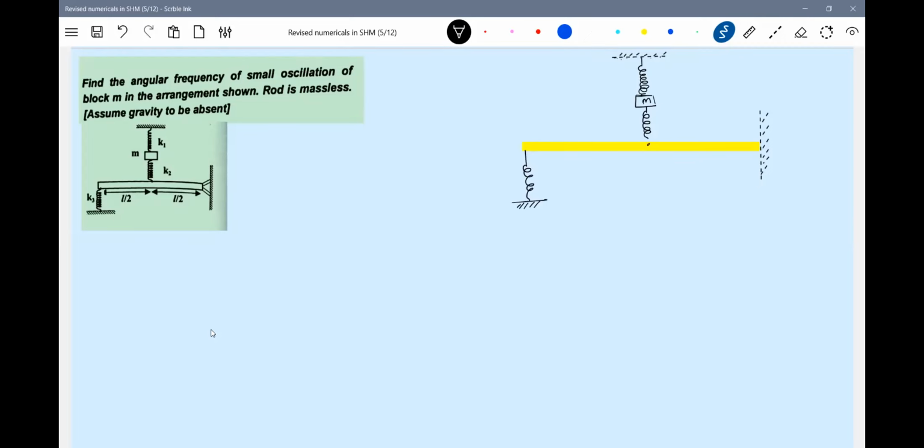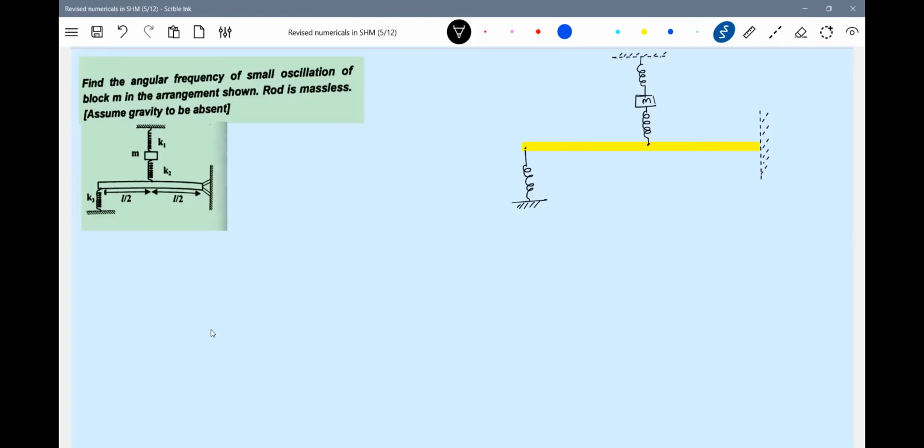I think this was the problem. Initially, what are the various forces that will be acting? I'll just show a spring, this will be enough. The rod is massless. I think this is a very important part of the problem.